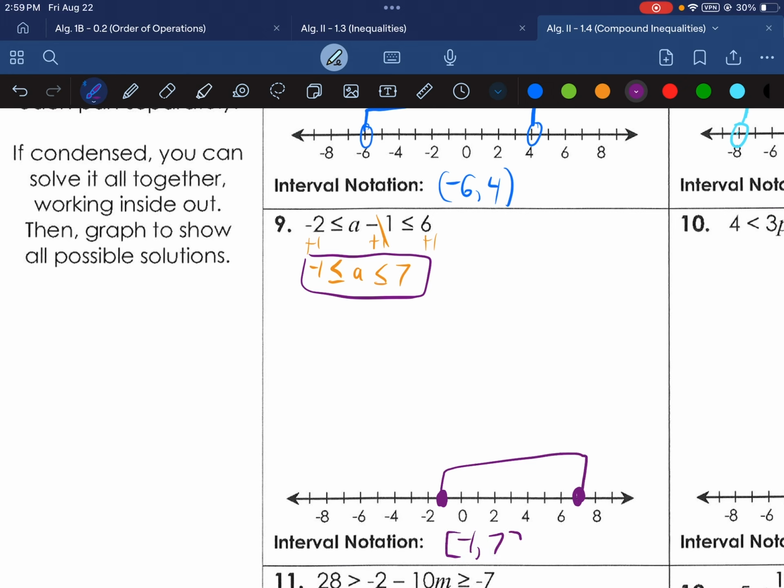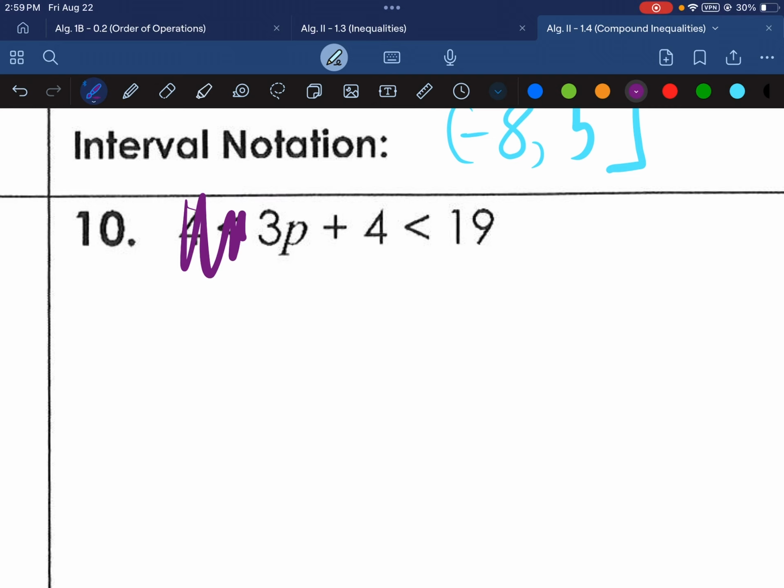Number 10. Here we have a little bit more going on in the middle. It doesn't change how we approach it. So we still say, okay, if this was not there, we'd still subtract the 4 first. So we just subtract 4 from all 3 parts. Writing it out here might be more beneficial for us at this point. 0 is less than 3p, which is less than 15. Then we divide the middle by 3, not by p, to get p by itself.